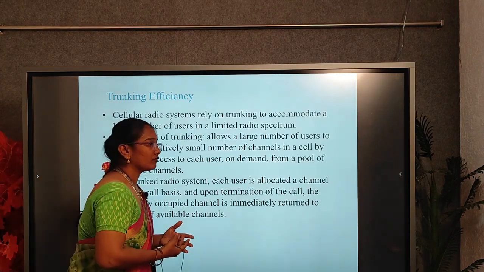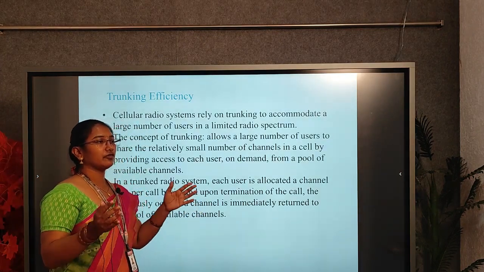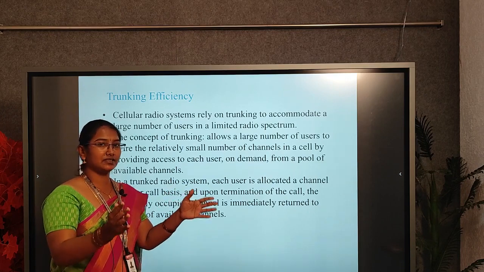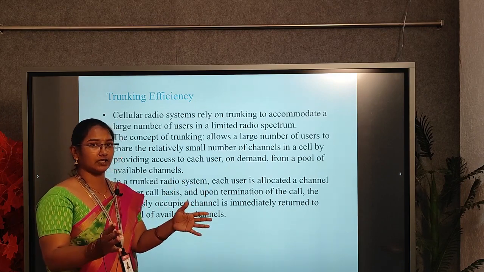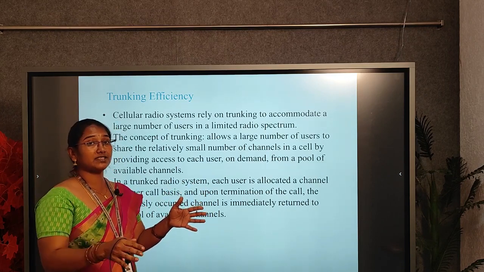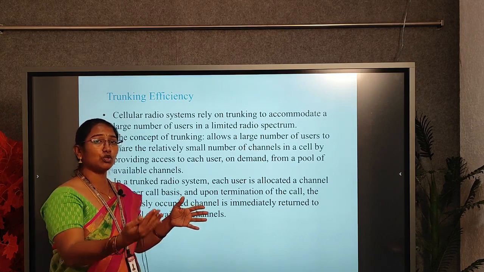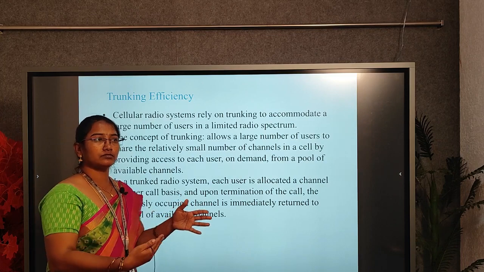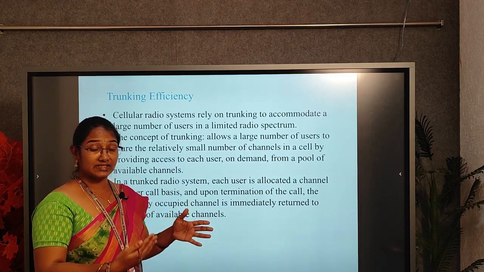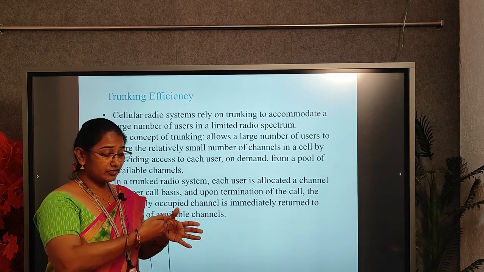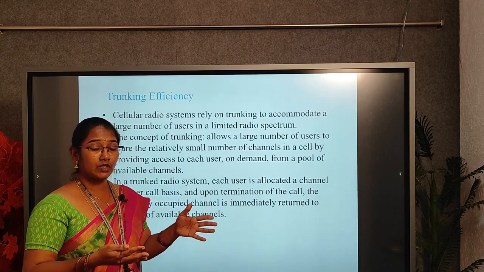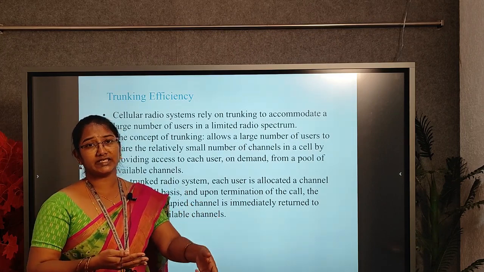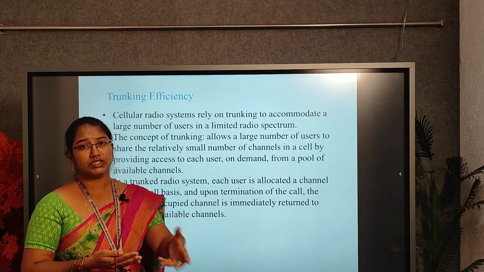That means, suppose we have 50 channels in the cell site. On demand only, when a customer calls and the network accesses that one, if the channels are free, then only it will assign a channel to that customer.